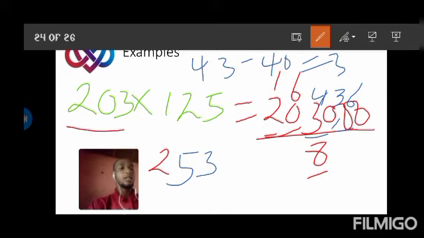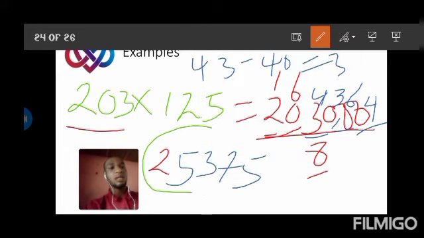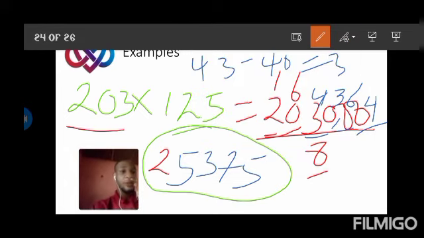Good. So it's going to be in 60. 8 in 60 is 7. 8 times 7 is 56. 60 minus 56 is 4. So lastly, in 40, 8 in 40 is going to be what? It's simple as ABC, going to be 5. So that's going to be the answer, 25,375.